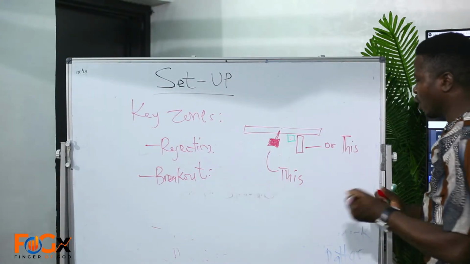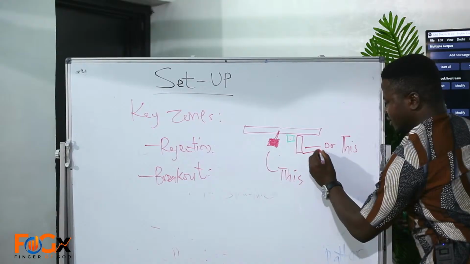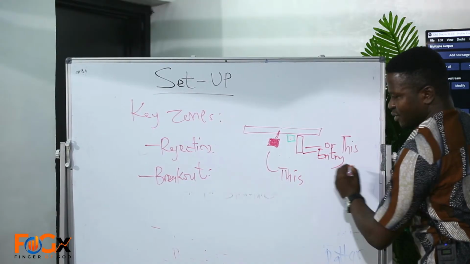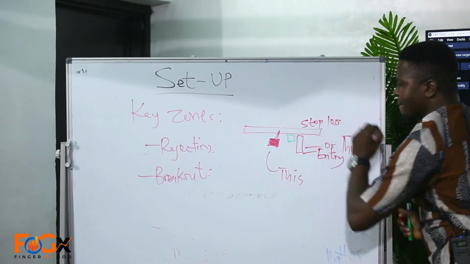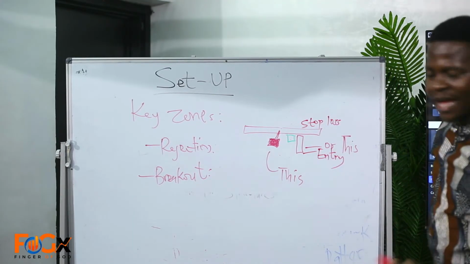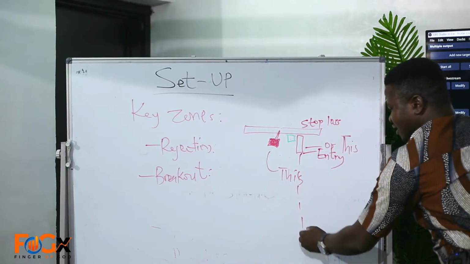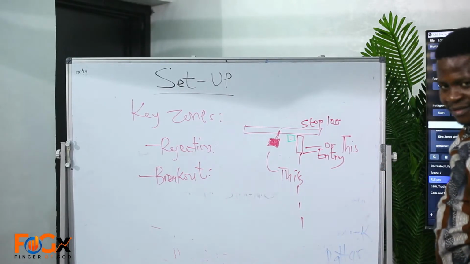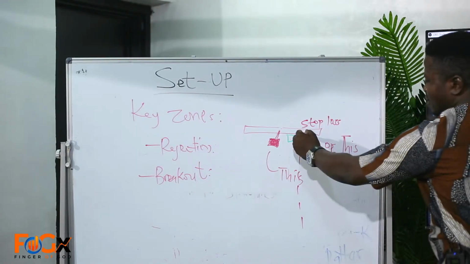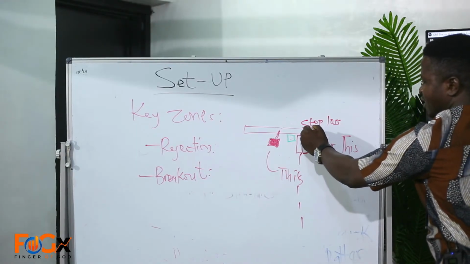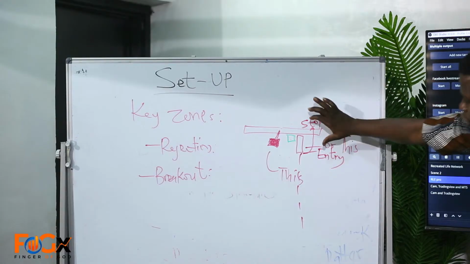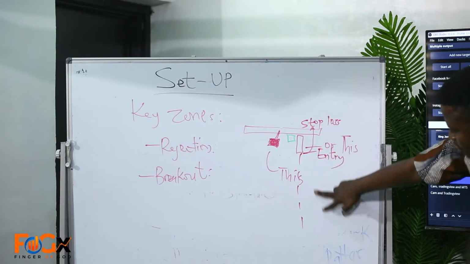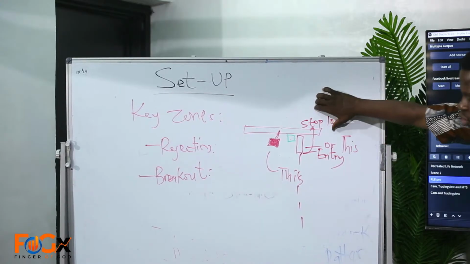So at this point, what do you do? Entry. Stop loss. So likely price will start tanking. At worst, it breaks and it fails. But this is where the sweetness is. Your reward is wider than your stop.